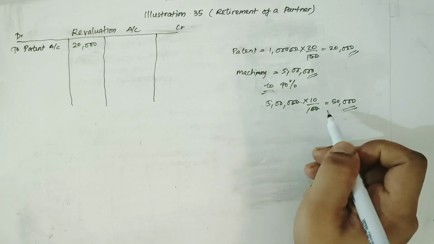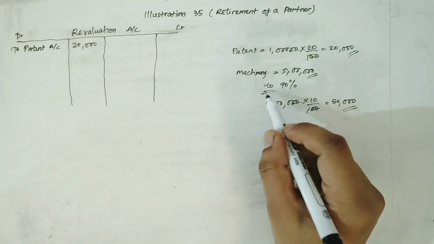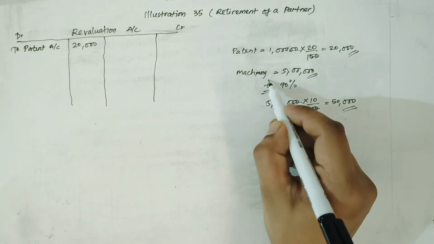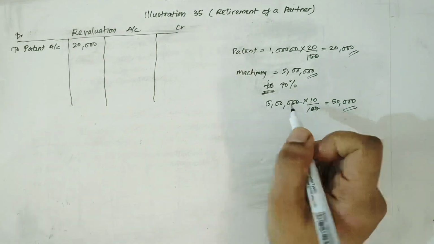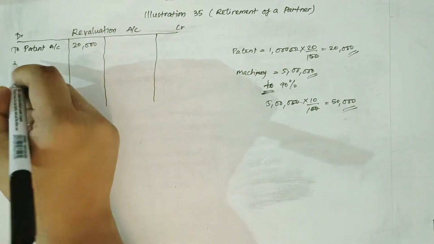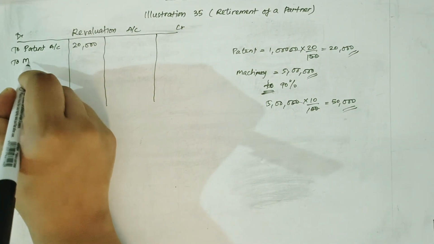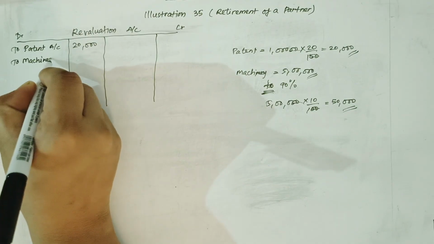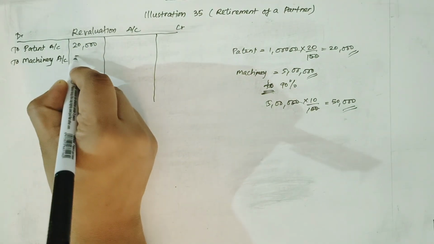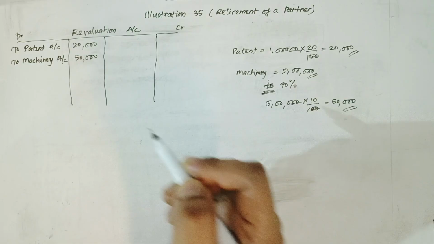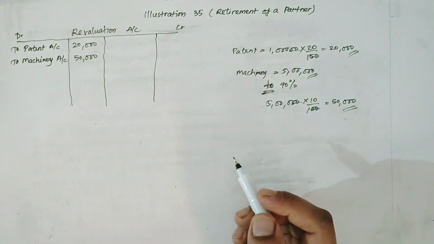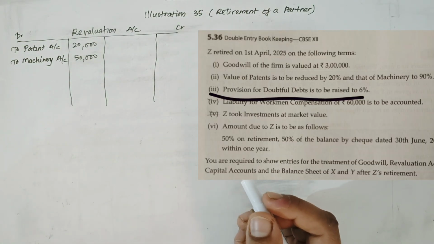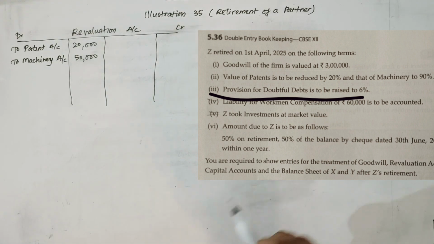So there is a reduction of 10%. The value of machinery is reduced to 90%. So on the debit side of revaluation account to machinery account, 50,000, the value reduced.